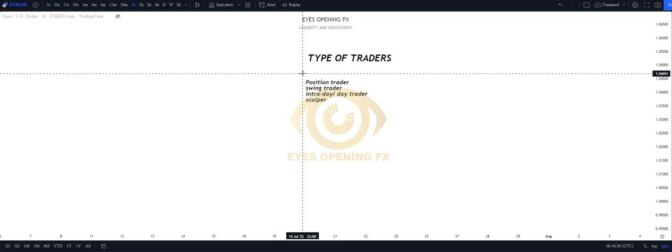They know when to go in and when not to go in. They focus on the intraday time frame. Their analysis is mostly based on H4, 1 hour, and 15 minutes time frames. These are the time frames they use for their analysis and their entries, intraday traders.